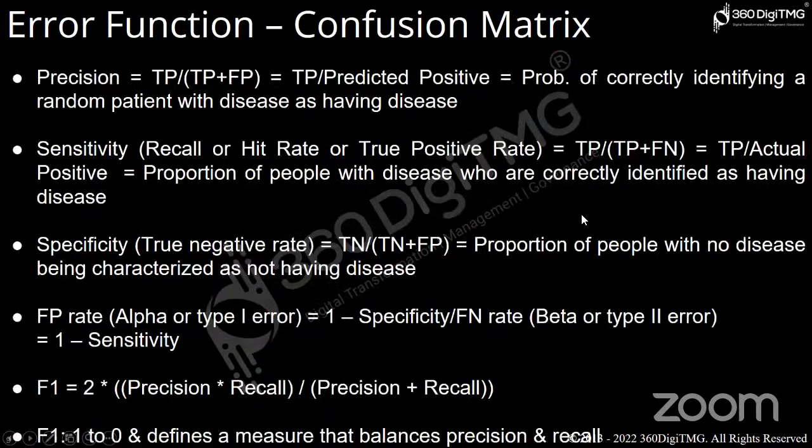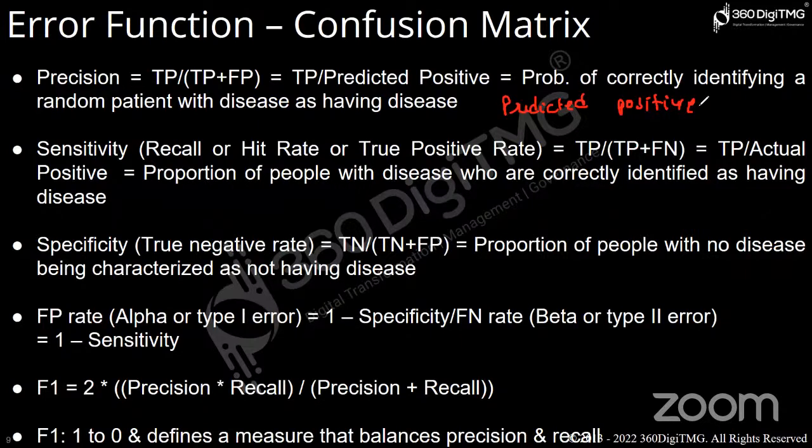So in the confusion matrix, we have a few error functions that we try to calculate. The first one is known as precision, which is based on true positives. Precision is trying to check, out of the predicted positive values, how many of them were correctly identified.